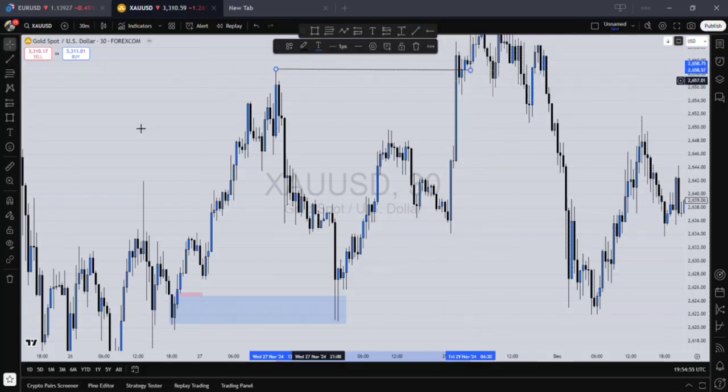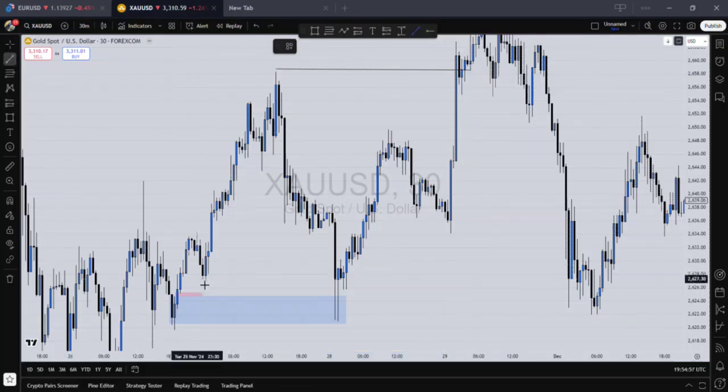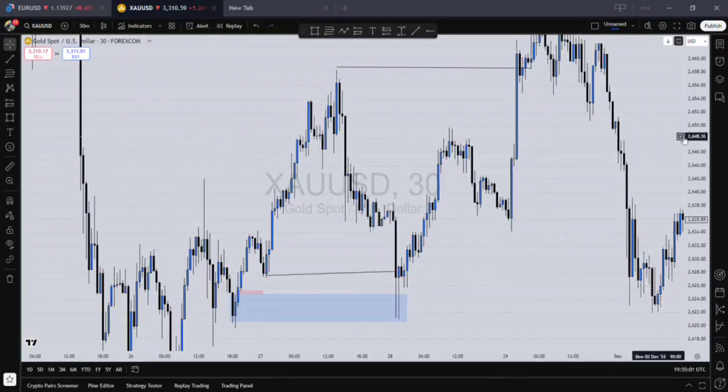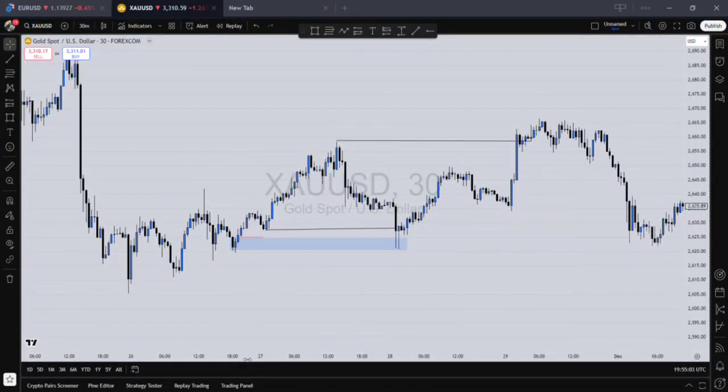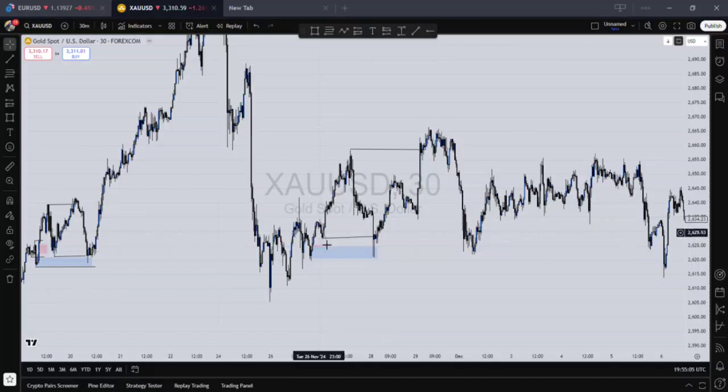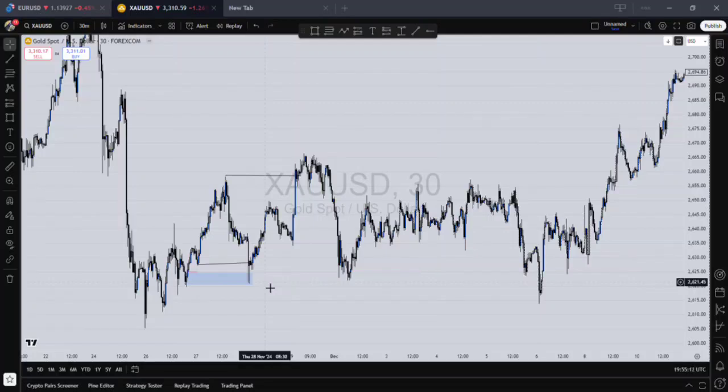And then price targeted this high. We have our inducement. Price will most likely not use it to start any trend or any range.